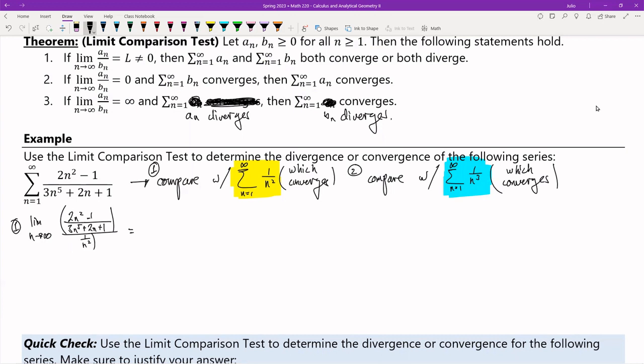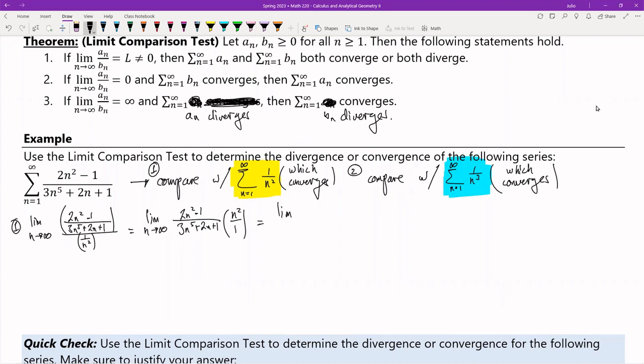If you remember how to divide fractions, this is the limit as n goes to infinity of 2n squared minus 1 over 3n to the 5th plus 2n plus 1, times n squared over 1.